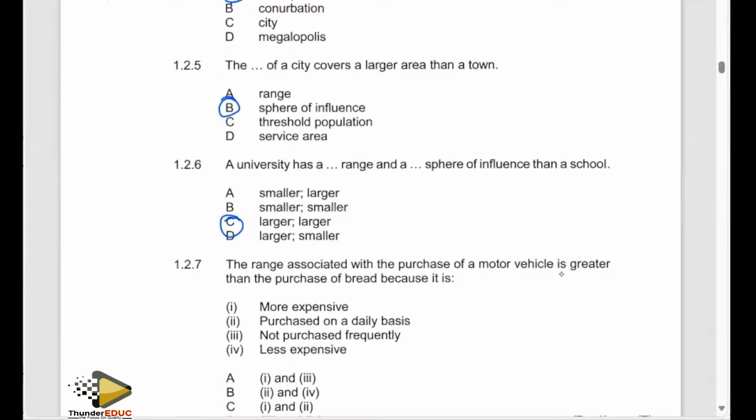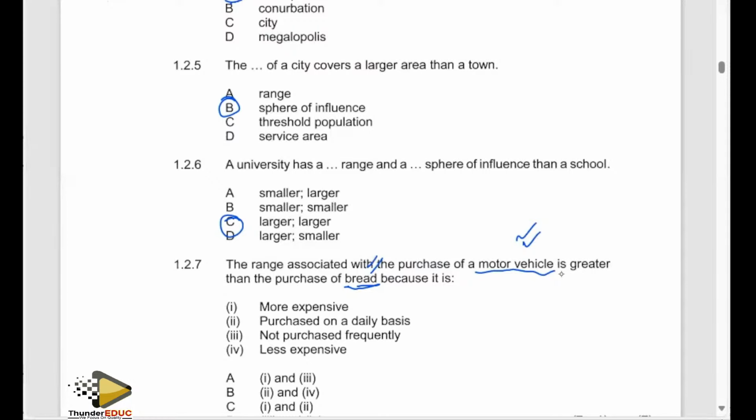The range associated with the purchase of a motor vehicle is greater than the purchase of bread because, right, you are comparing a motor vehicle, which is a high order good, versus bread, which is a convenience good or a low order good. Comparing those two, we take considerable effort in buying a motor vehicle compared to the way we buy bread.